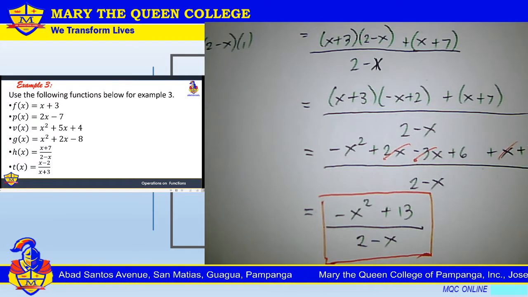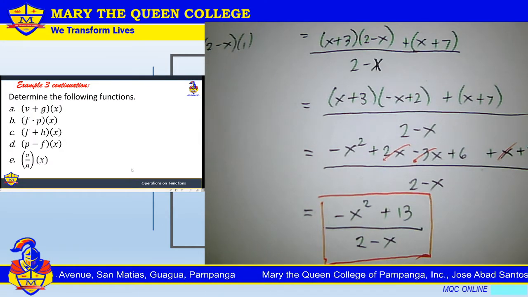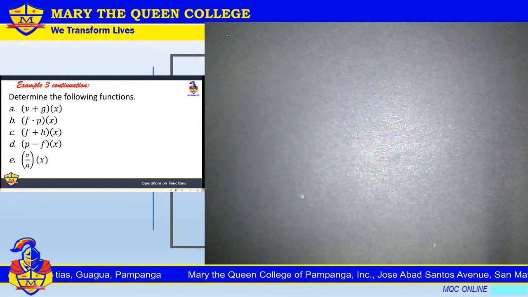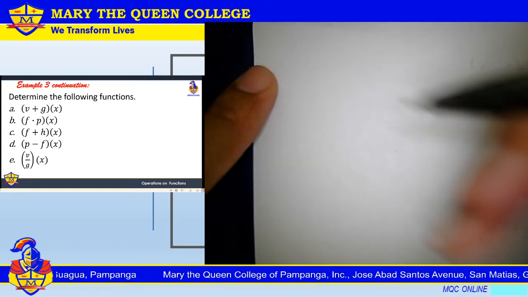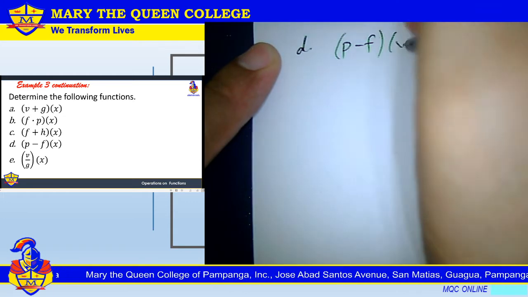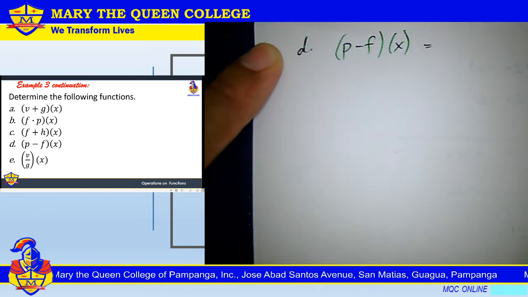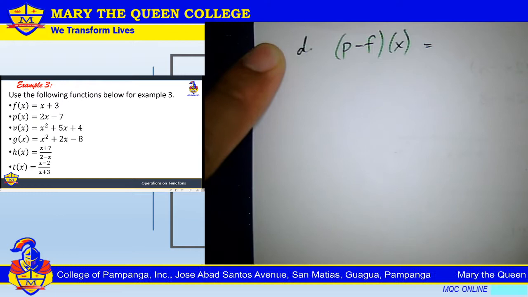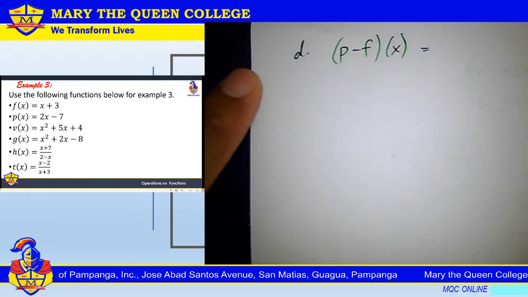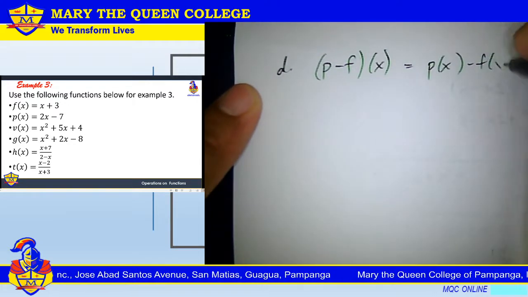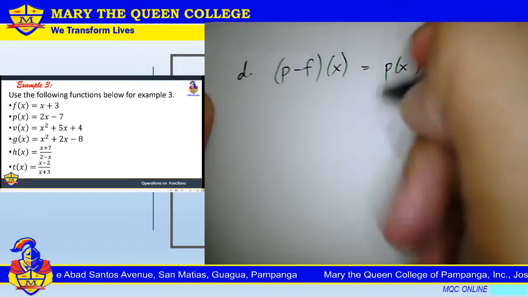Next, we have letter D. For letter D, we have p minus f of x. So, this will become p of x minus f of x. From here, kopyahin natin yung ating given.